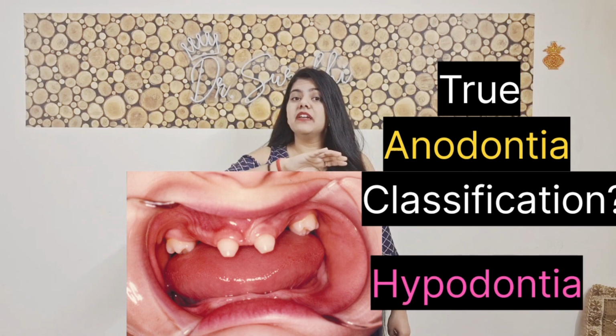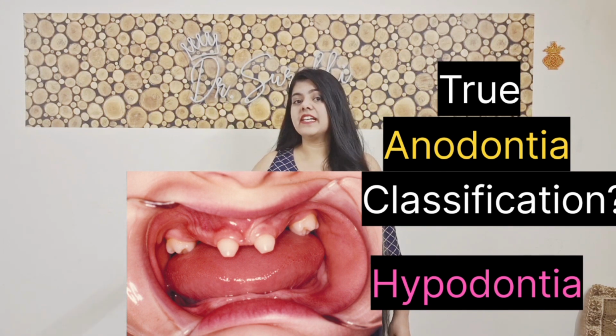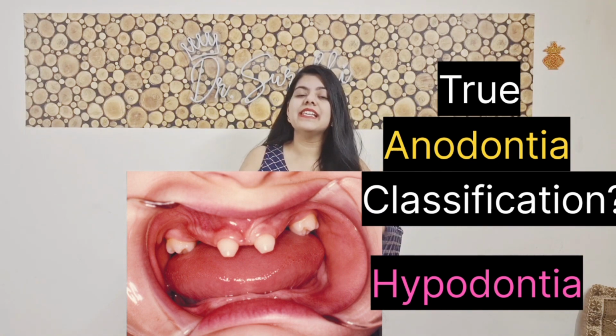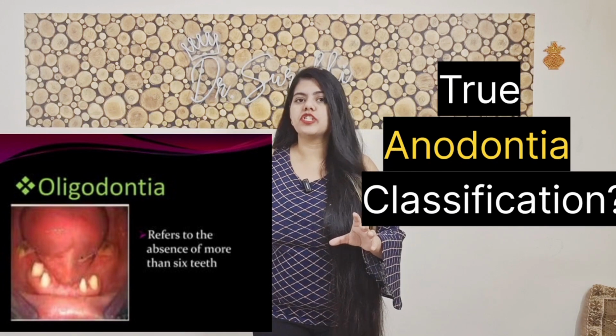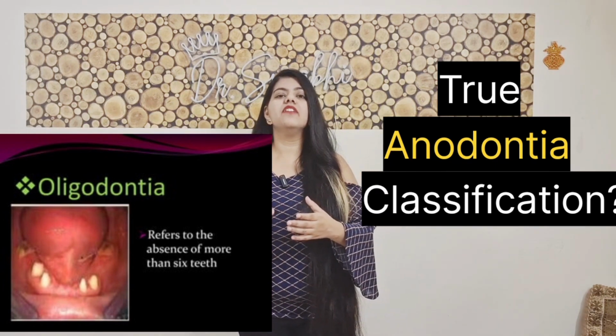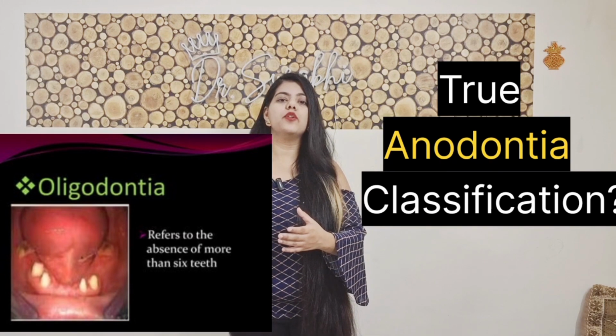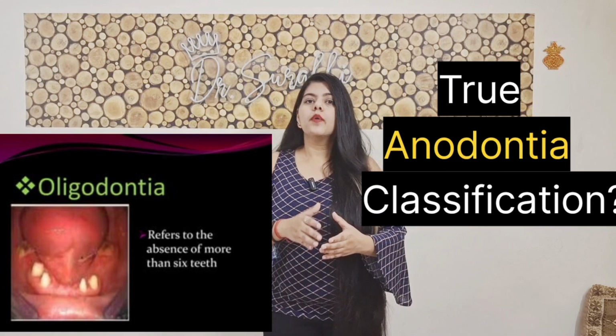But if the number of missing teeth is 6 or more than 6, then that term is known as the oligodontia. So this is the further subtype or the category which comes under the partial anodontia or the incomplete anodontia, right?